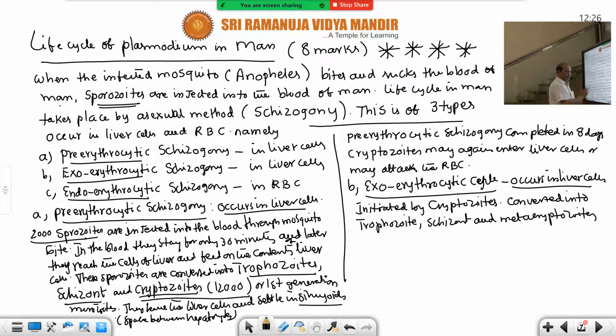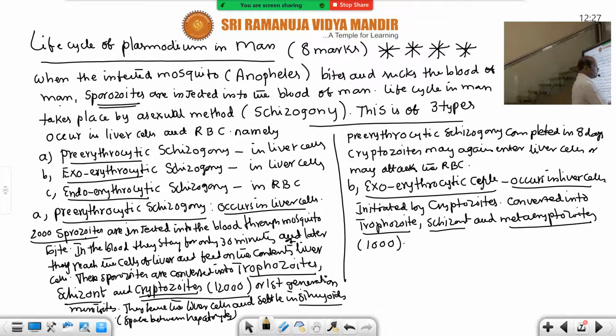End stages are different: cryptozoites and metacryptozoites. Schizont always undergoes schizogony to develop into metacryptozoites. Number is not given, but metacryptozoites are generally 1000.